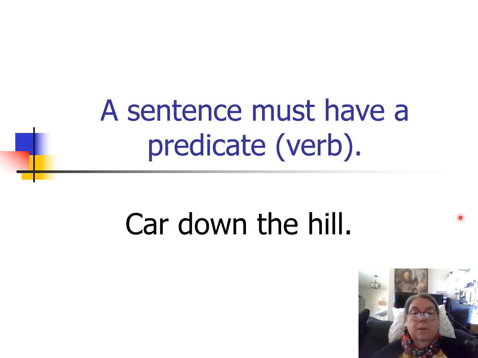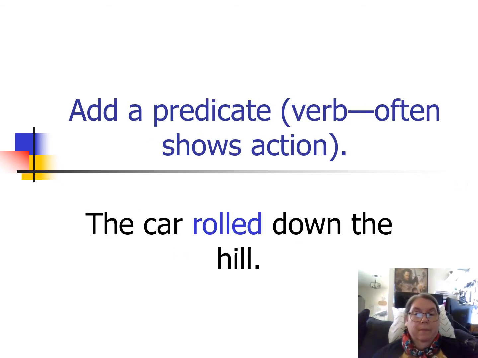A sentence also must have a predicate, a part of speech known as the verb. So "car down the hill," I don't know what that means. This is a little different from "rolling down the hill," but even that wouldn't be quite complete. There's no verb here, so I might think, well, maybe the car rolled down the hill, or the car was parked down the hill. There's multiple things here that could be the verb or predicate.